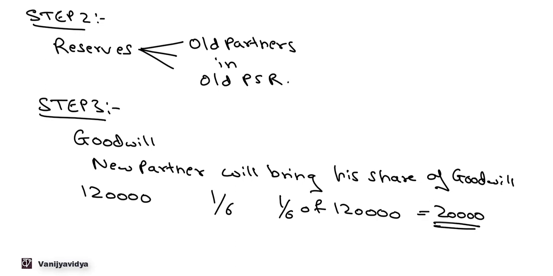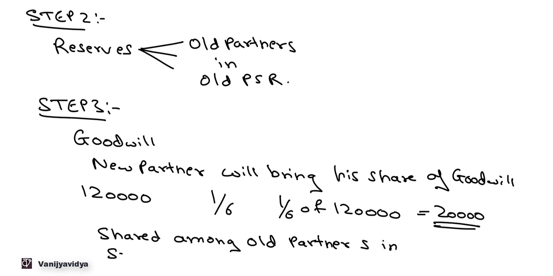Now the share of the goodwill which is brought in by the new partner will be shared among the old partners in the sacrifice ratio.